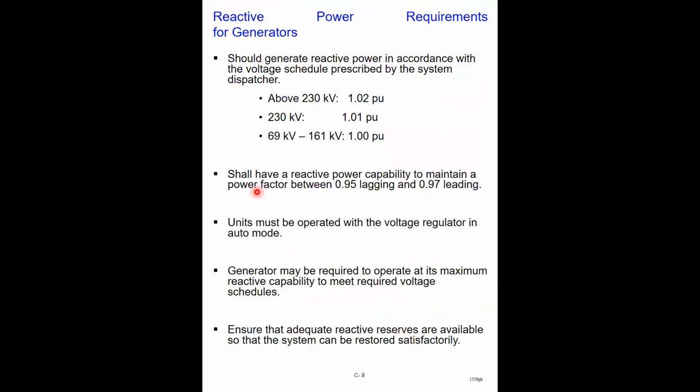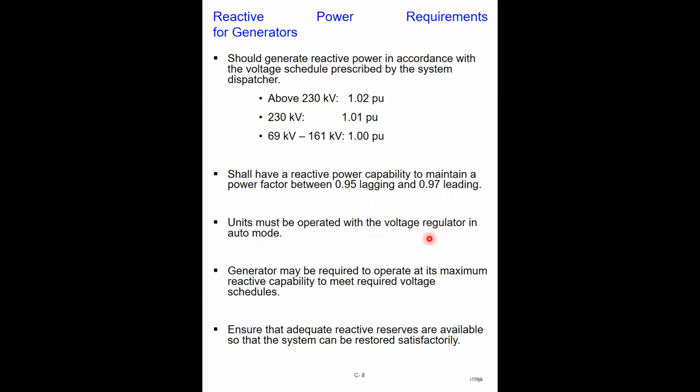And next one, as I said, the generator should have the reactive power capability to maintain the power factor in this range. So it is 0.95 lagging to 0.97 leading. So that means both are considered here. And yes, it has to be performed automatically through the voltage regulator.